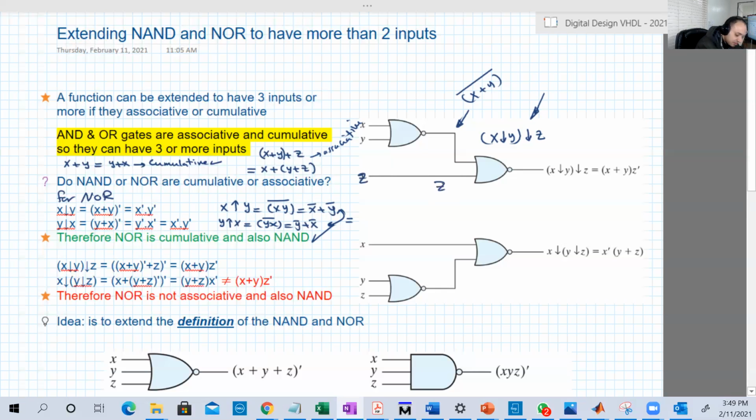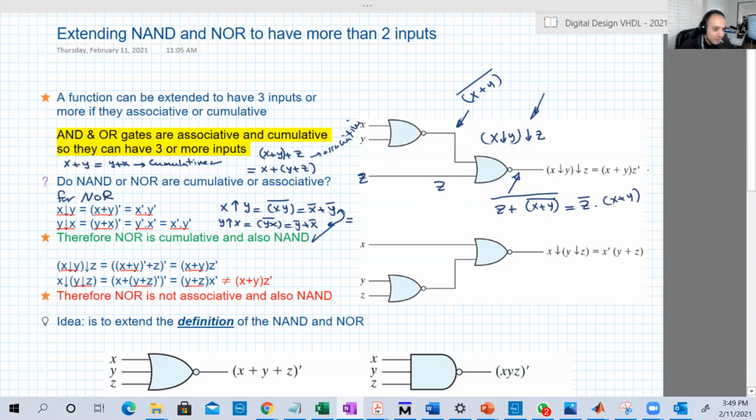Then the output here is Z or the complement of X or Y, and the total is complemented. By De Morgan's, this will be Z complement dot X or Y.